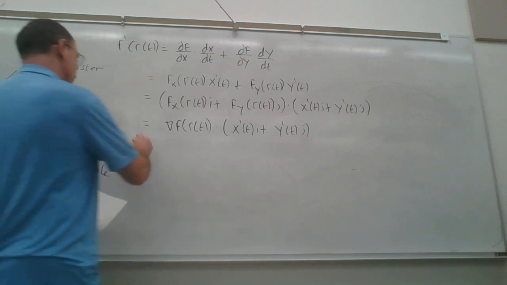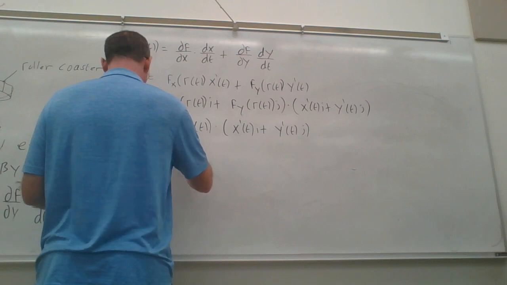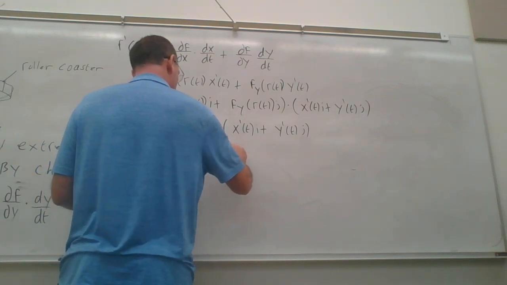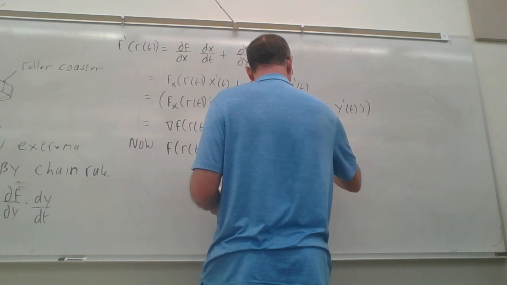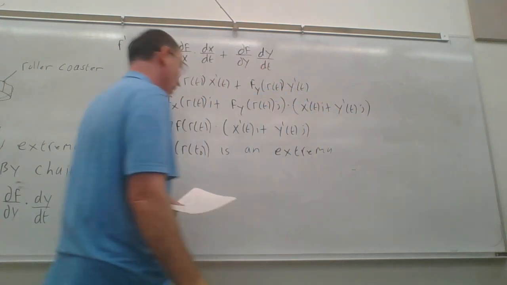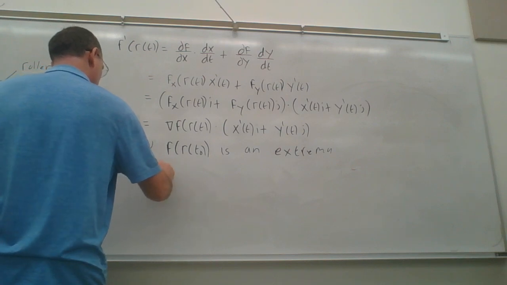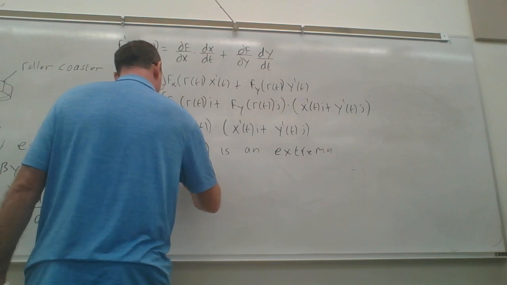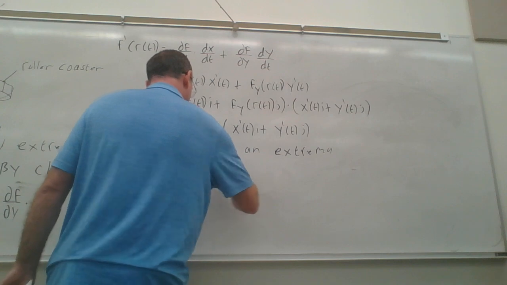So now, say f of r(t0) is an extrema. This implies then, from Math 150, because it's a function of just t here, that f prime of r(t0) is 0.